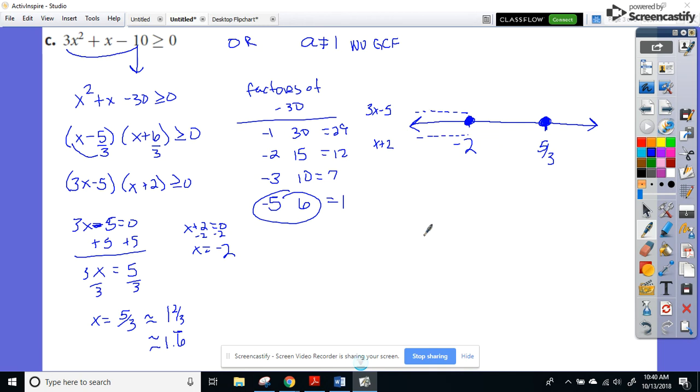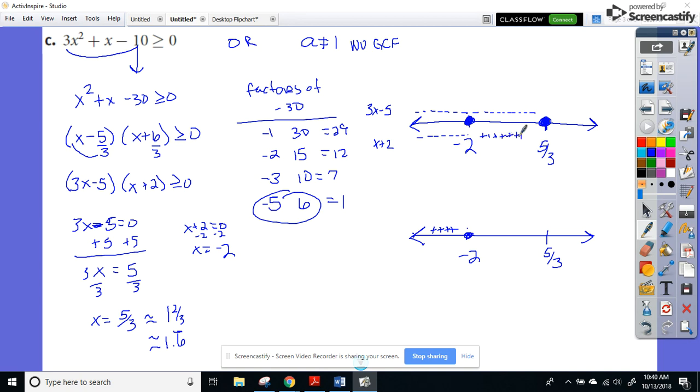So if I redraw my number line like Springboard did, right here, these are all positives. Okay. Now, pick a number in between here. 0 happens between a negative number and a positive number, so I'm going to plug in 0 because it's easy. 0 minus 5, that's a negative number. 0 plus 2, that's a positive number.